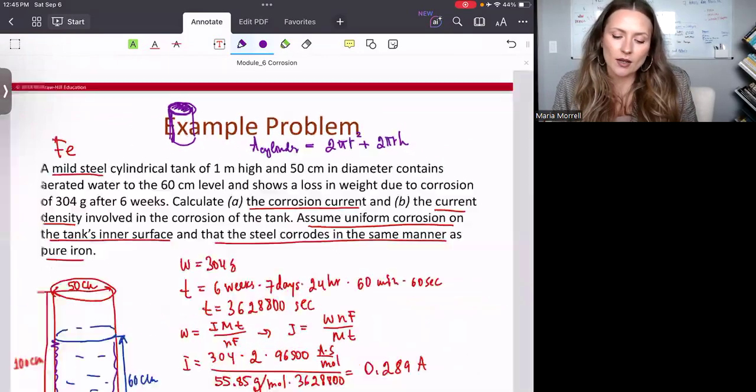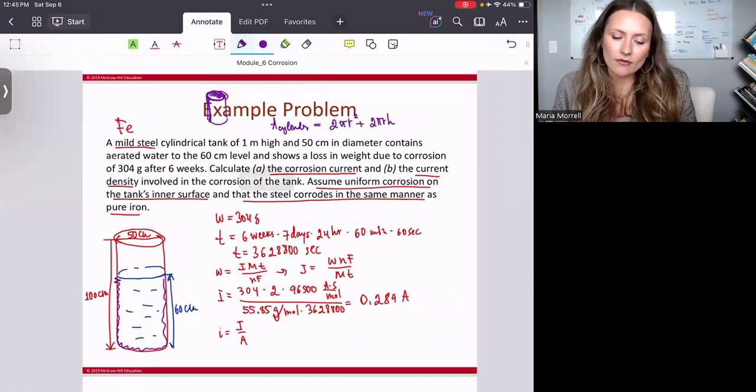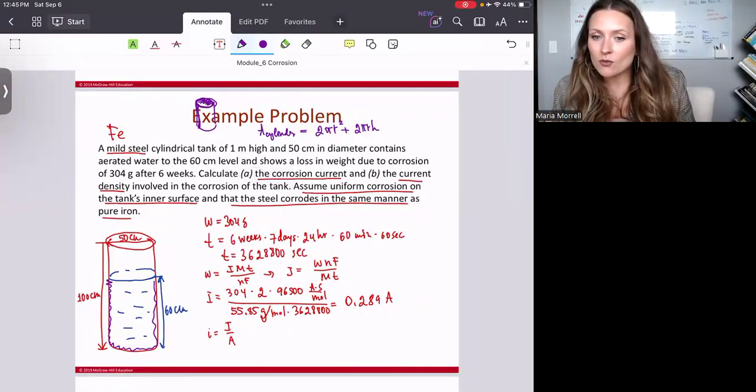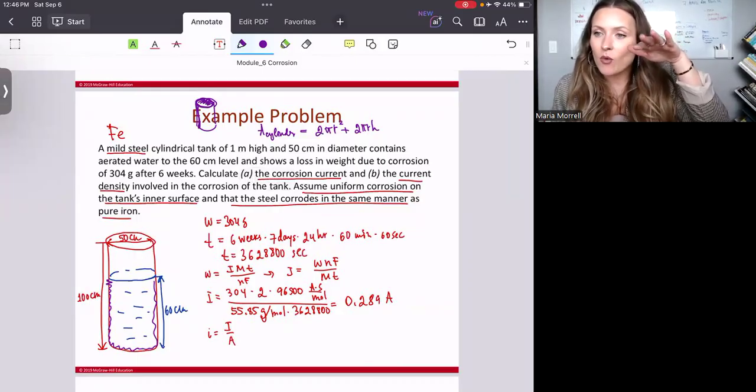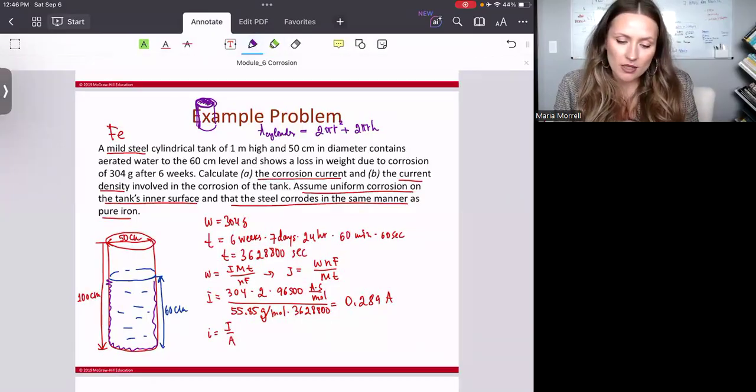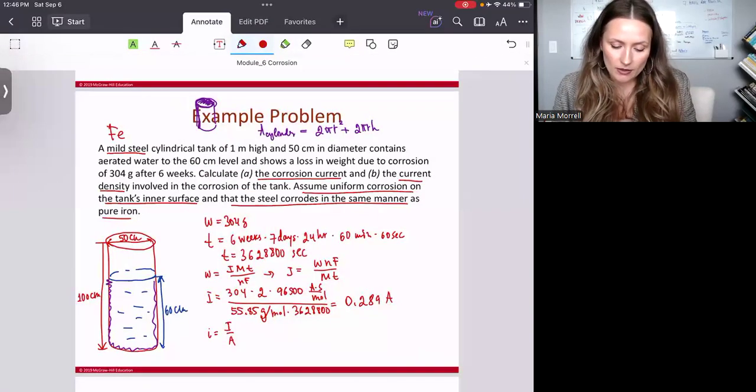Now, if I am to apply this knowledge to my particular problem, I know that I don't have to consider all of that area, because to begin with, I don't have the ceiling. My water doesn't touch the ceiling, so I only have to consider the bottom. Right away I'm going to be plugging in the numbers.